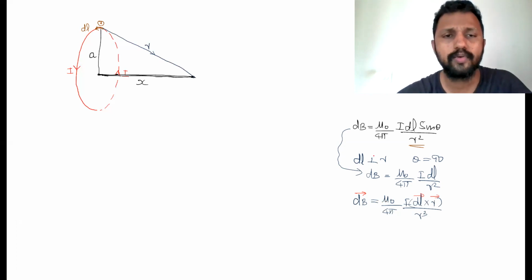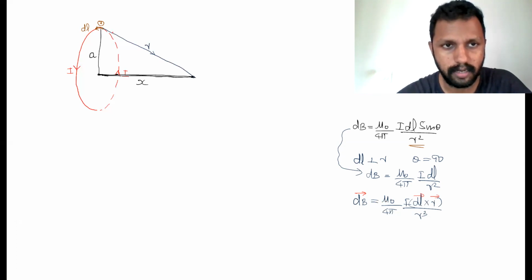And if you have to mark the direction of dl cross r, you know dl is outwards, r is in this direction. Then you will have to curl the right hand like this from dl to r.